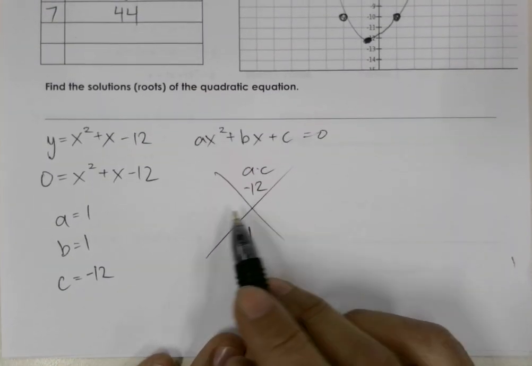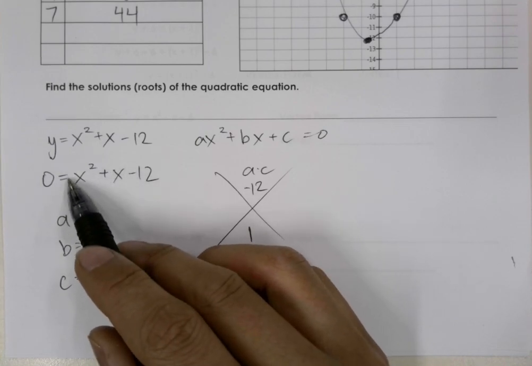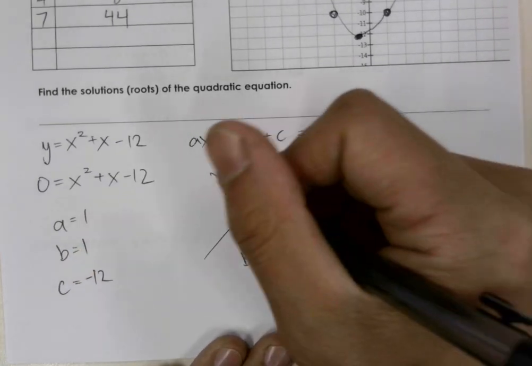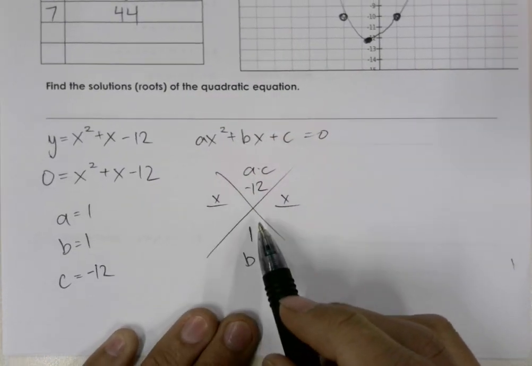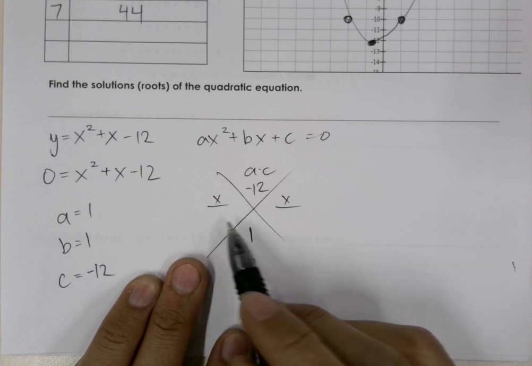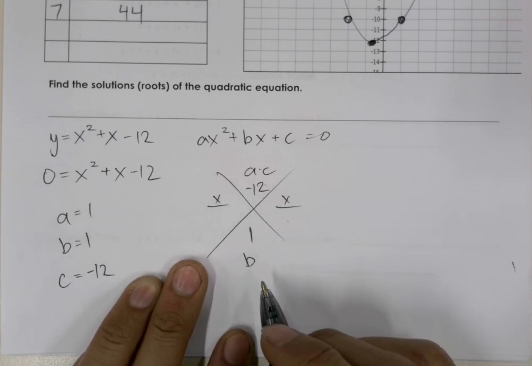Since our x squared has a coefficient of 1, we don't need to, well, we could put an x up here if we want. Now, what two factors multiply to negative 12 and add to 1?